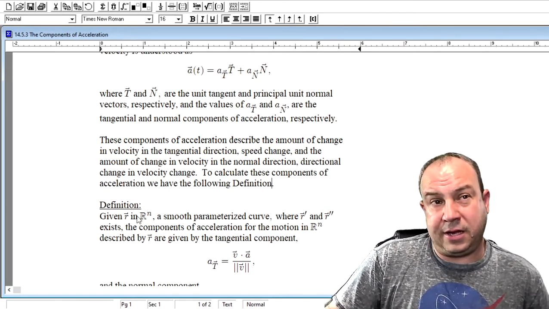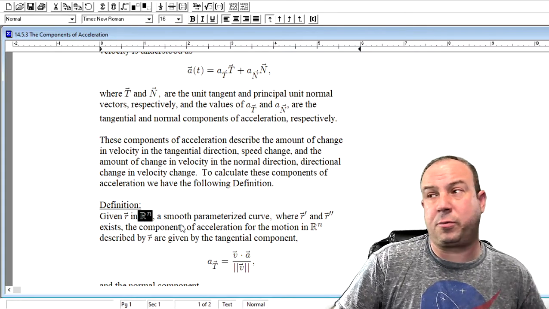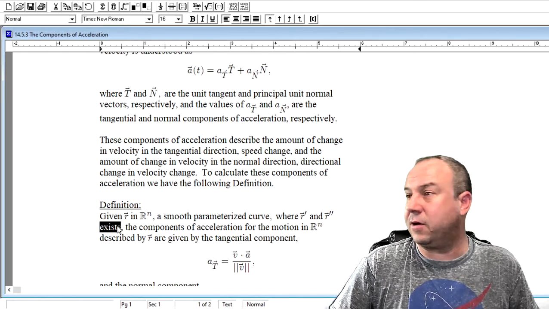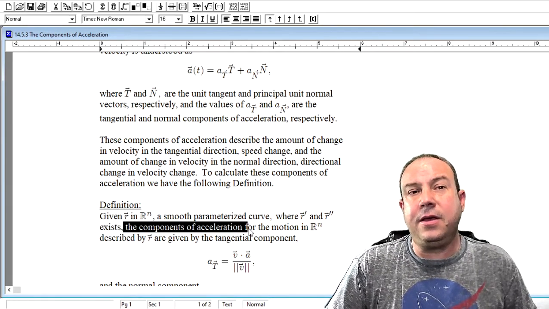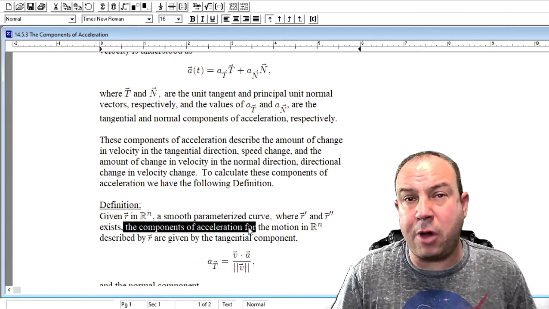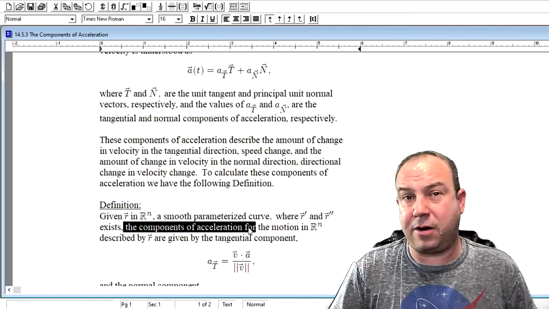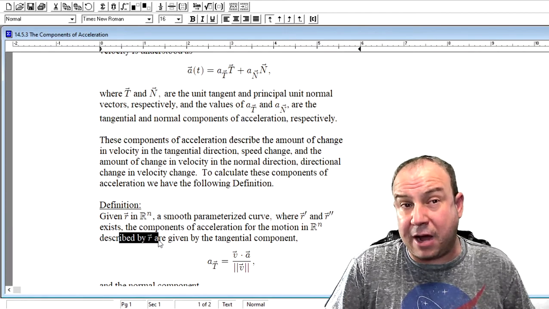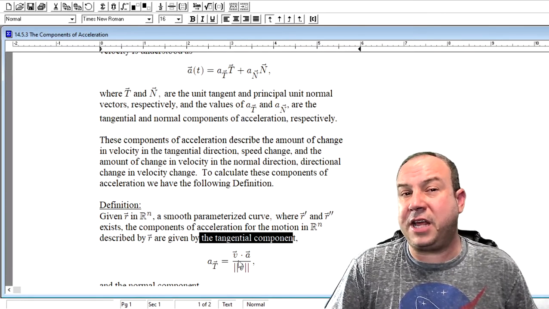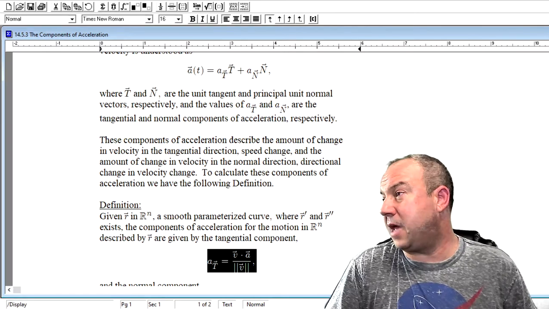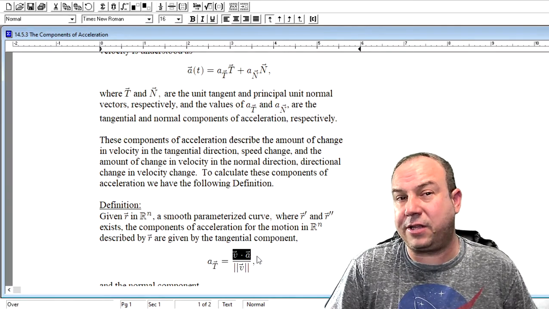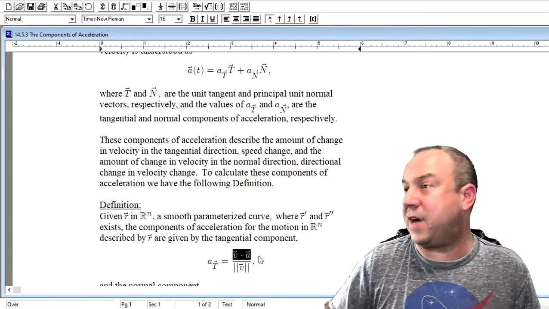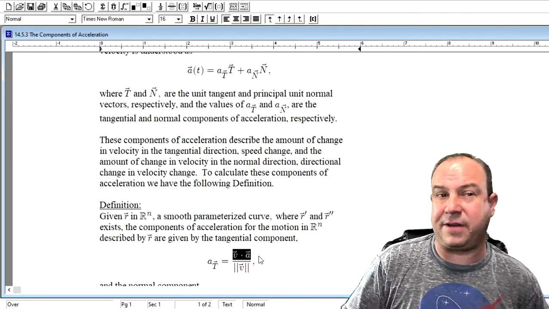Given R bar in n-dimensional space, a smooth parameterized curve where the first and second derivatives of that curve exist, the components of acceleration for the motion in R bar, or in that n-dimensional space, described by R bar, are given by the tangential component, A of T bar, where you can see its calculation is the dot product of the velocity with the acceleration vector divided by the magnitude of the velocity vector.